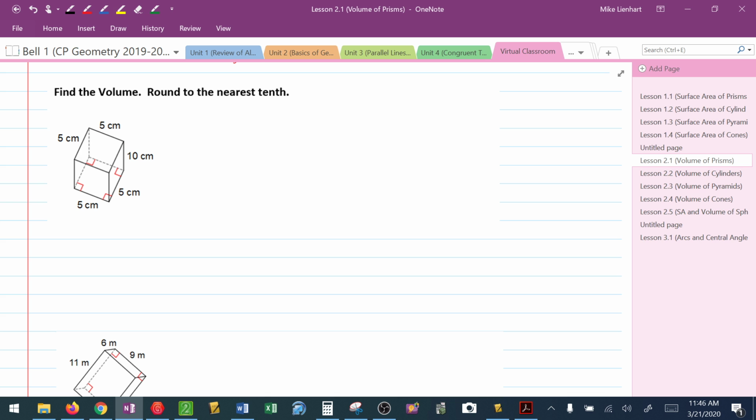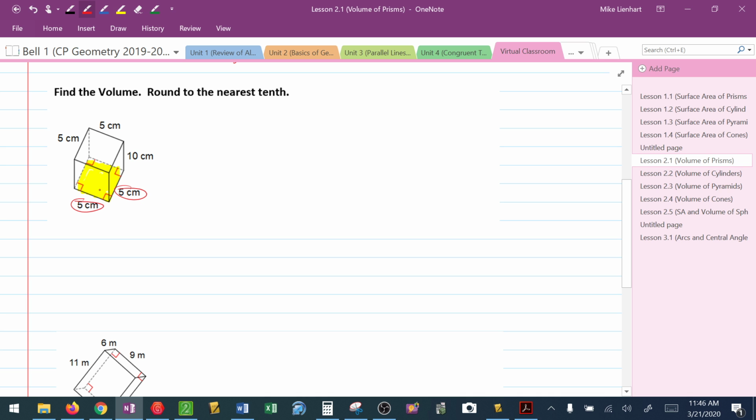All right, so find the volume. The first thing I want to do is identify one of the sides as my base. And I'm going to use the bottom of the box here as my base. I notice that that base is made up by these two measurements, which tells me that the base is a square.